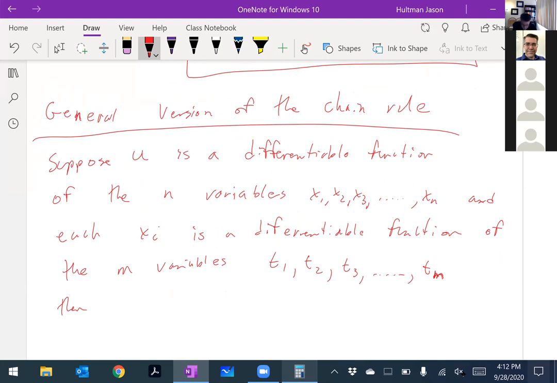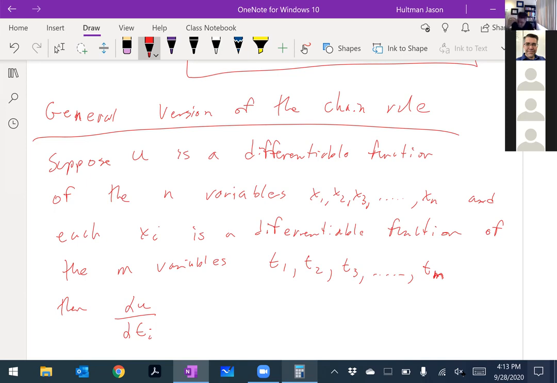how do we find the partial? Then, the partial of u with respect to t sub i, any of these t's, with respect to s, t, v, w, however you want to label them.